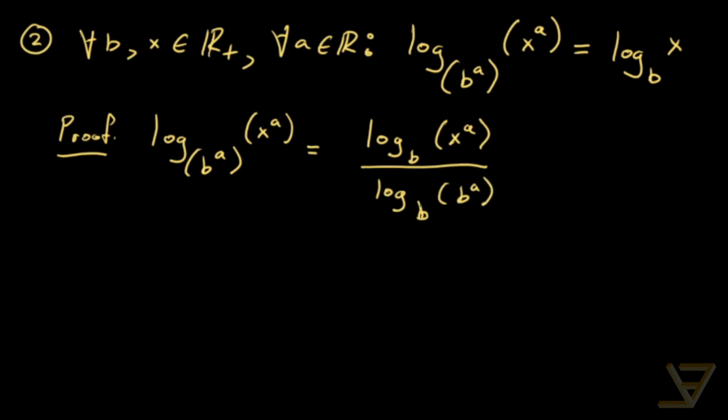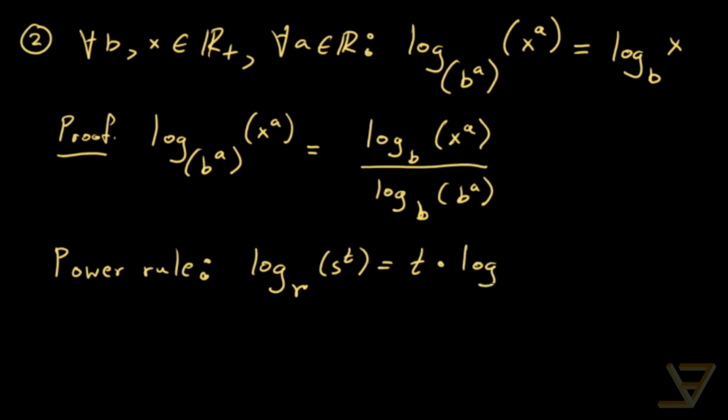And now we're going to use a particular rule, which is called the power rule. We have to prove it separately. I'm not going to do that here, but we can use it, and it has a separate proof. It says that log r s to the t is equal to t times log r s.